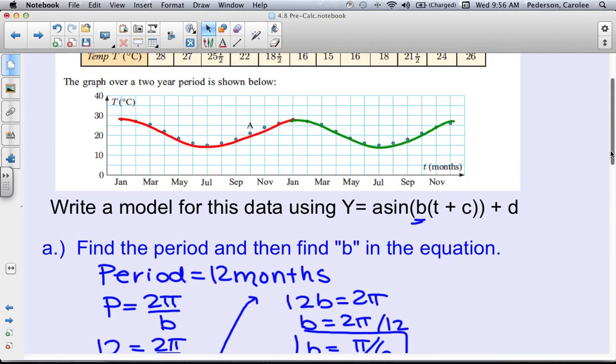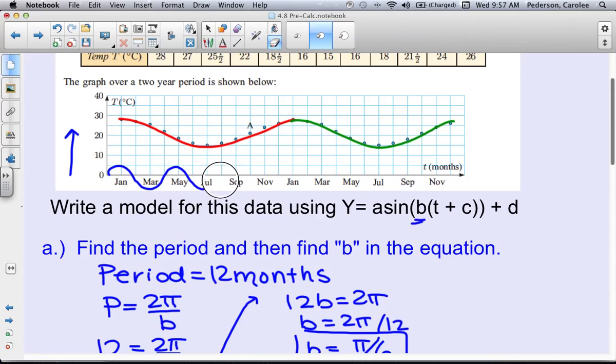So if we go back to this graph, does our graph shift up or down? It shifts up, because traditionally our parent function would look like this. But ours doesn't, so it's shifting up. We have to figure out how far up it goes.